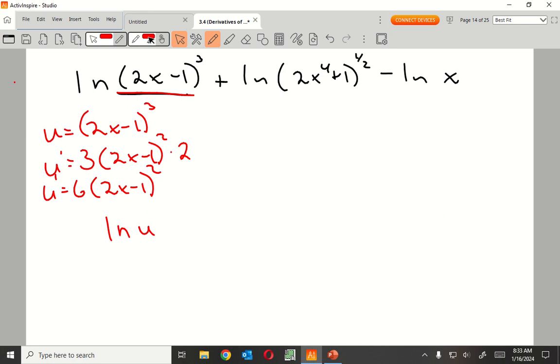Okay. What about this one? I would say that u equals 2x to the fourth plus 1, to the 1/2. You need some more, Danny?